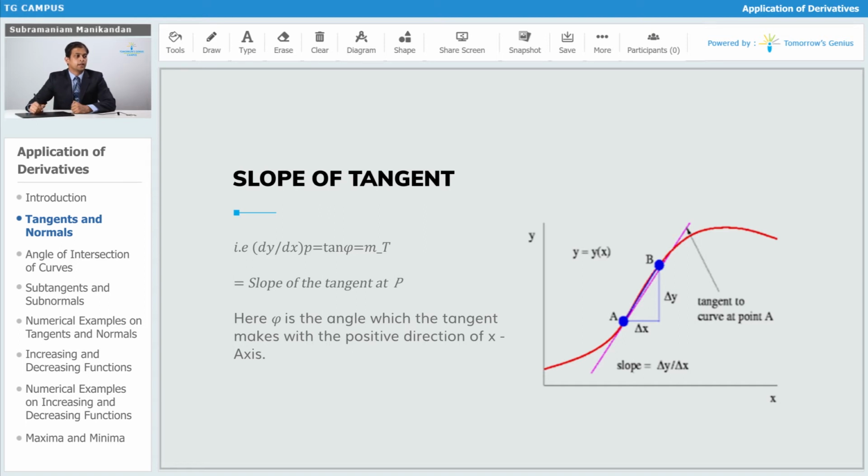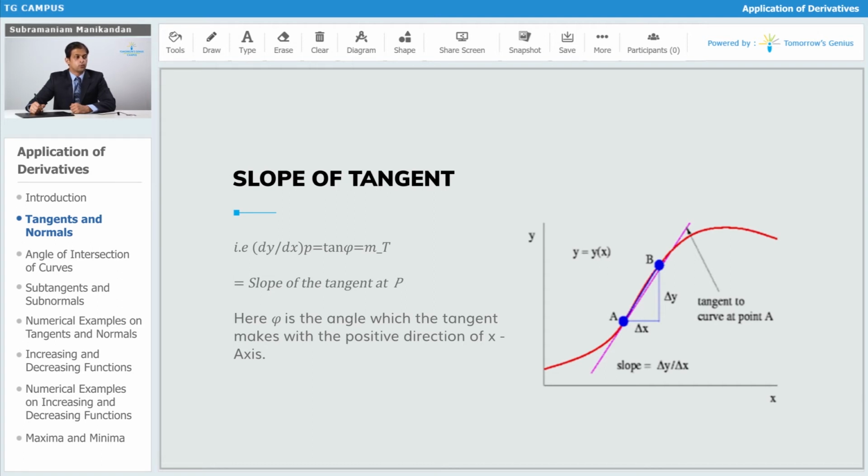Similarly, if we bring the point B very close to the point A, the values of delta x and delta y decrease so that they become almost infinitesimal. So delta y becomes dy and delta x becomes dx.